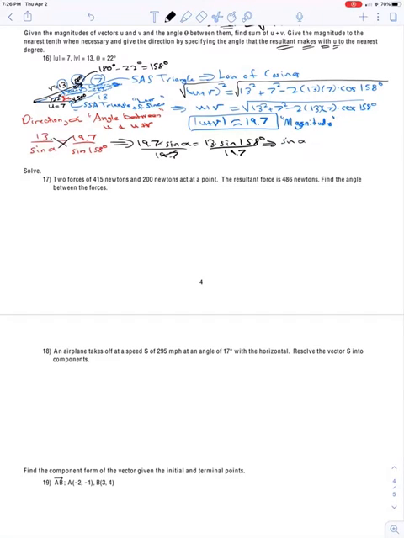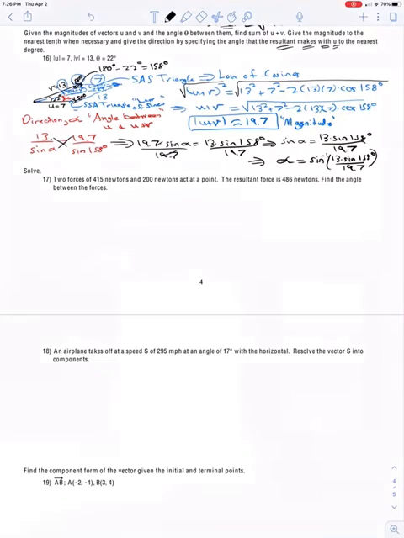So sine of alpha is equal to 13 times the sine of 158 degrees divided by 19.7, which means alpha, well, we'll need to use inverse, is equal to sine inverse of 13 times the sine of 158 degrees divided by 19.7. So let's go see what we come up with.